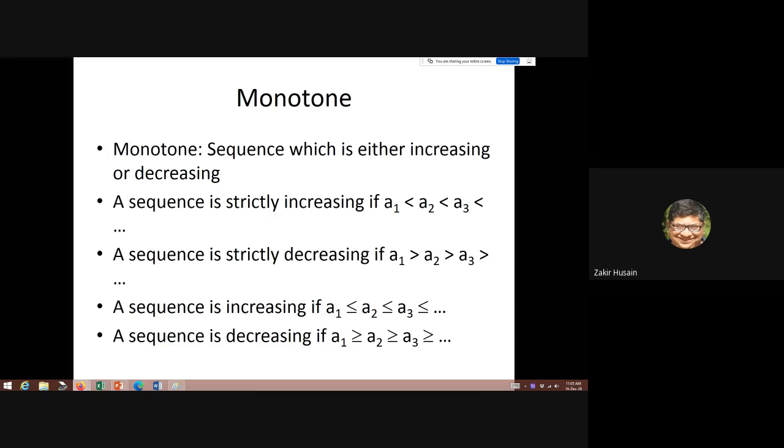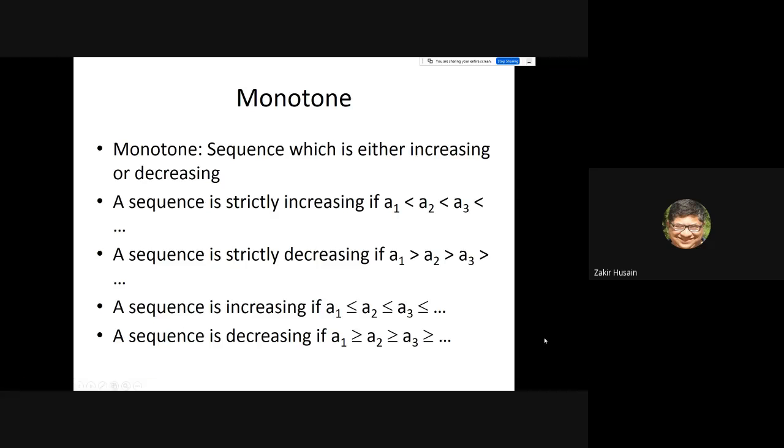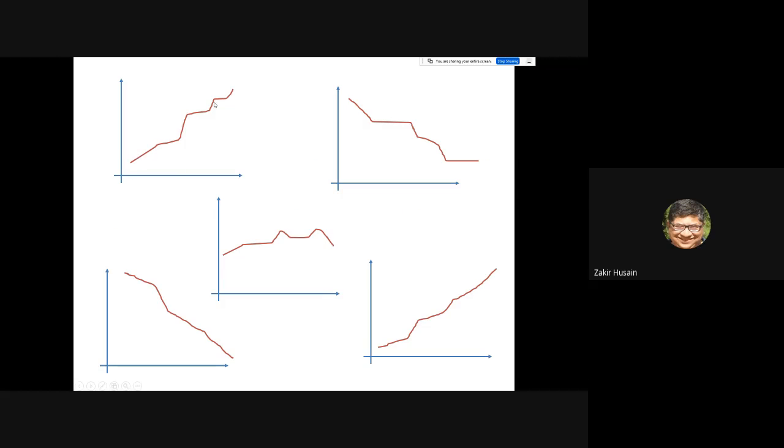So we can have a sequence which is either increasing or decreasing throughout the range. If it is increasing, we call it an increasing monotone. And if it is decreasing, we call it a decreasing monotone. So in case of increasing, A2 is either greater than or equal to A1.